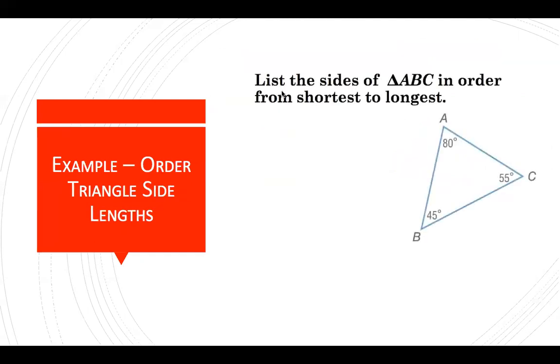Next. List the sides of triangle ABC from shortest to longest. Sydney. The sides from shortest to longest. So we got AC, and then what's next?